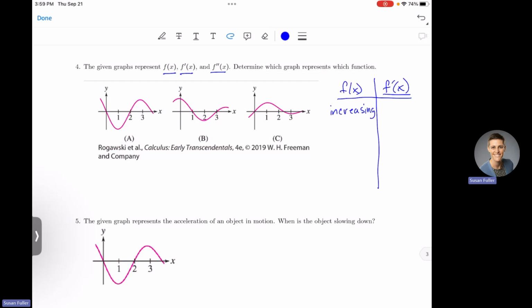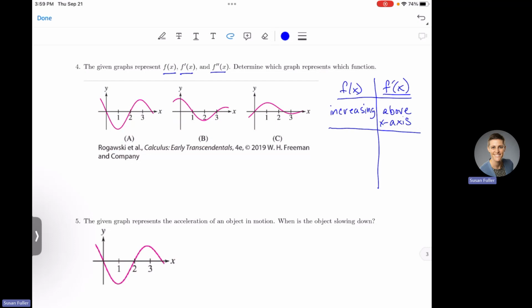And that means my derivative graph is going to be above the x-axis there. And again, that's because slopes on the original are y values on the derivative graph.